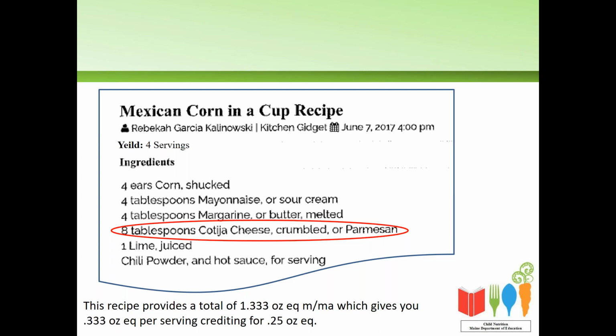The recipe here called for 8 tablespoons, a half a cup, but for a 1 ounce meat alternate, we need 3/8 of a cup. So after doing some math, the recipe will provide us with a total of 1.333 ounce equivalents of meat alternate, which gives you about 0.333 ounce equivalents per serving. And in our case, we round down, so each serving of this will give you a 0.25 ounce equivalent of meat alternate.